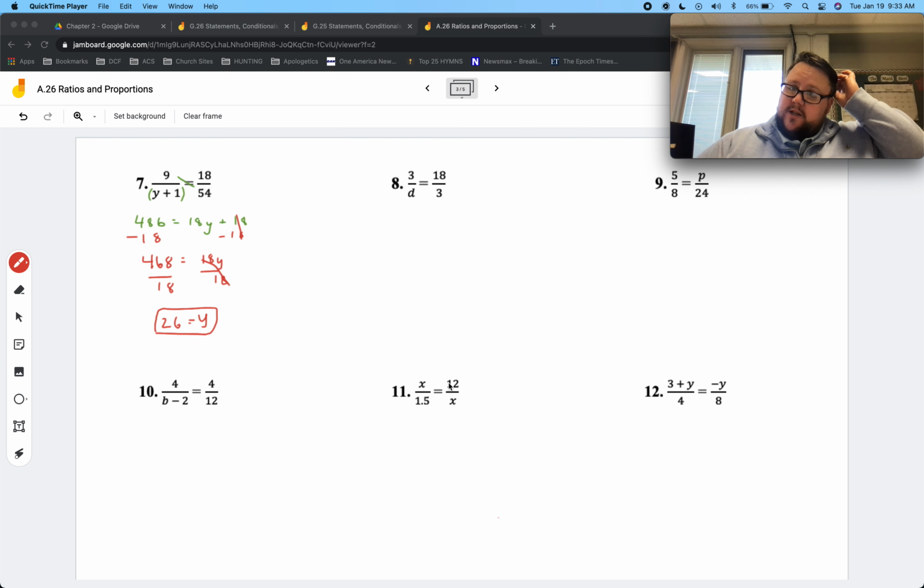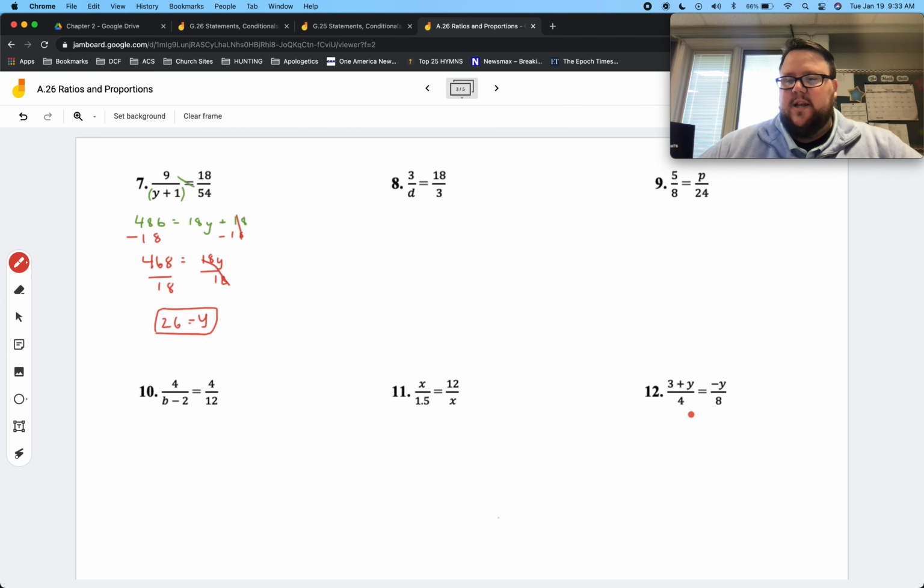But that's what you're going to do. You're going to cross multiply and set them up. So number 12, if I wanted to look at number 12 real quick, I'm not going to do it for you, but I'll do the cross multiply. 8 times 3 is 24 plus 8y equals 4 times negative y, which is negative 4y. And then you guys can finish it out from there.